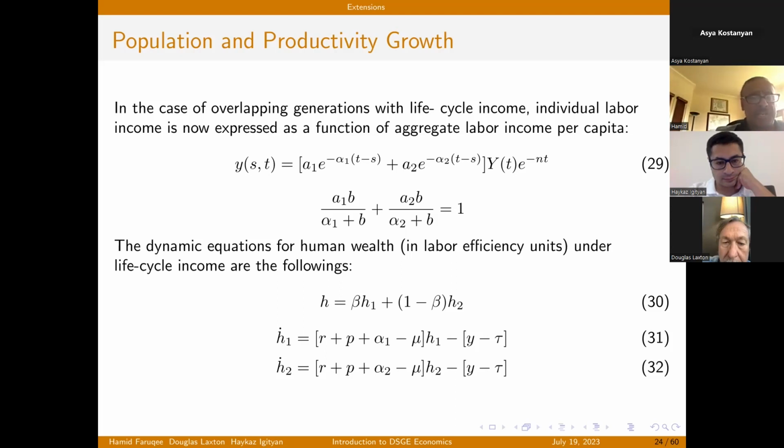And then you can also talk about what human wealth dynamics look like in that case where you have these long run trends in the size of the population or productivity growth.